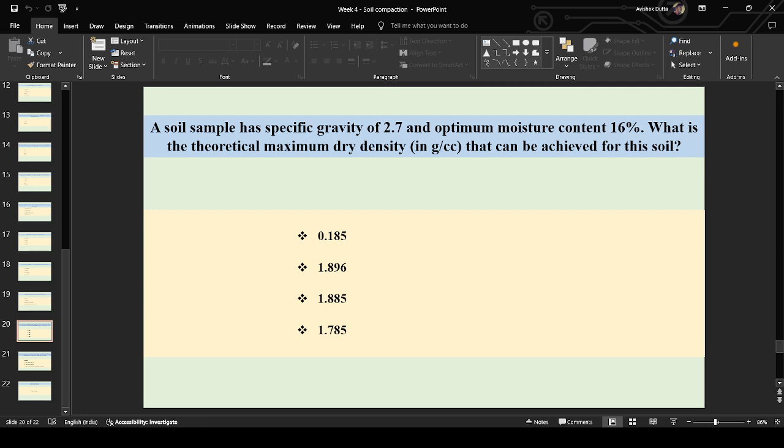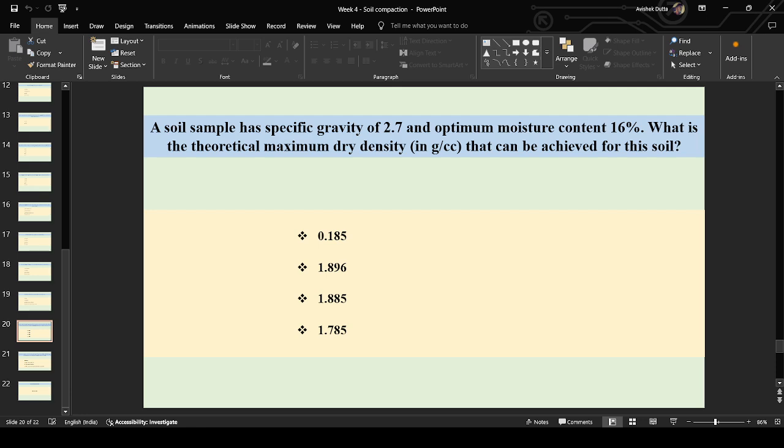The options are 0.185, 1.896, 1.885, or 1.785. You can just write down the data only, no need to write the entire question.